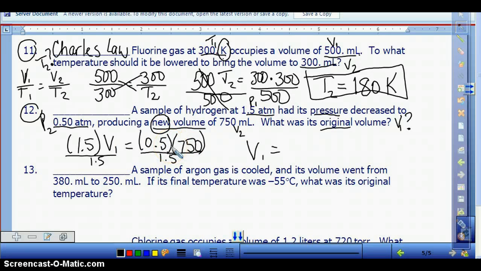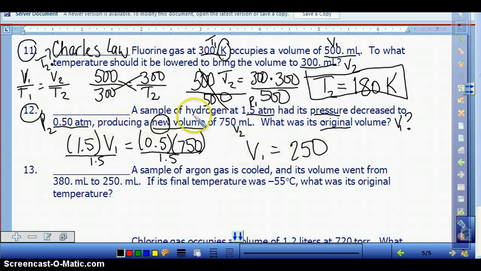Give everyone a chance to solve that in their calculator. And you should have 250.